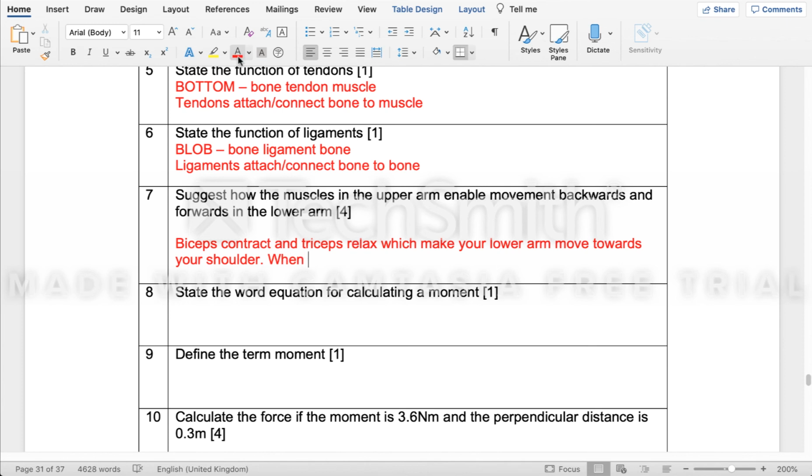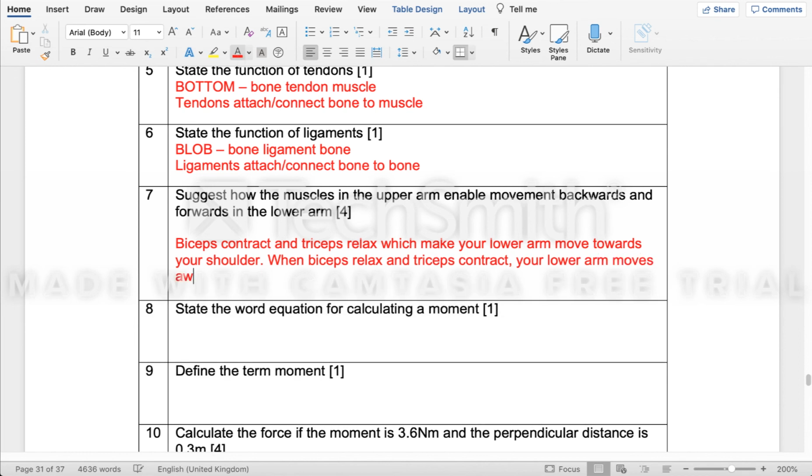And then you can explain the opposite. When biceps relax and triceps contract, your lower arm moves away from the shoulder. So this is what I mean by it helps to memorize some of the muscles, and it should help you understand.